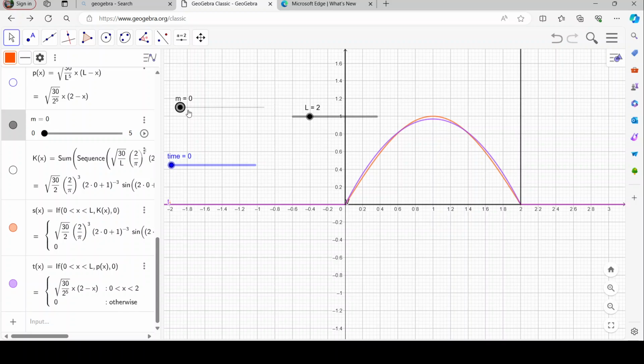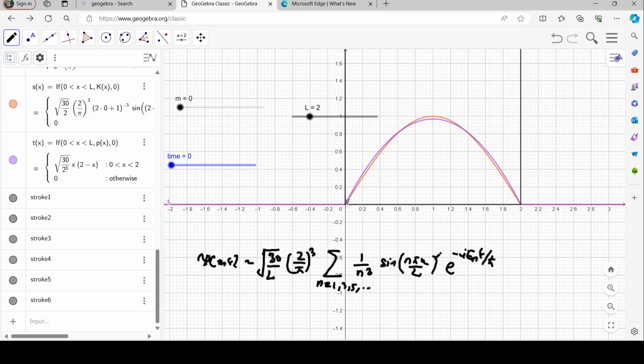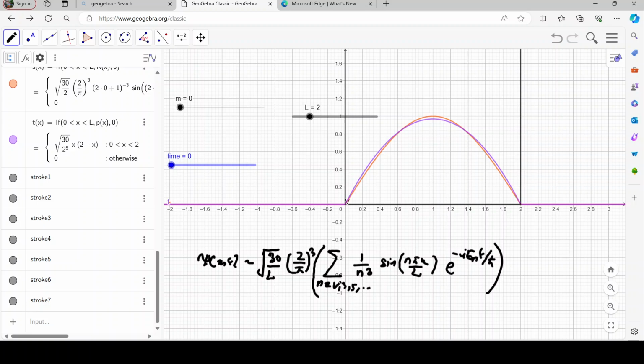If you just recall what is psi of x, t, this is the form of the wave function. So there are many terms present here, sum over n equal to 1, 3, 5, etc. If you consider only the first term, then obviously you will not get the exact solution at time t equal to 0.